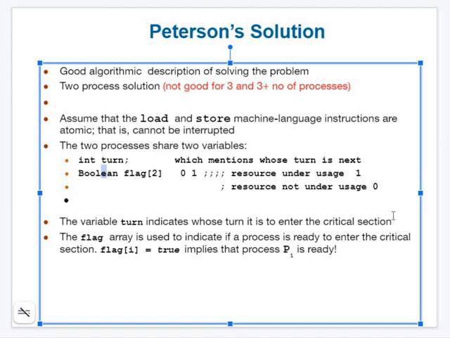Whose turn is next to enter the critical section. Flag is of 2 bits, true or false. For whom it is true, that process is using. For whom it is 0, that process is not using. So you can mention here true and false.